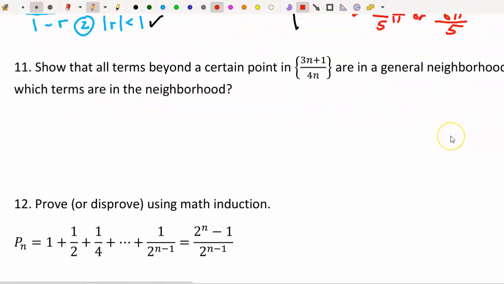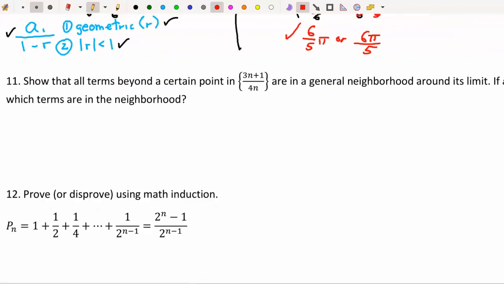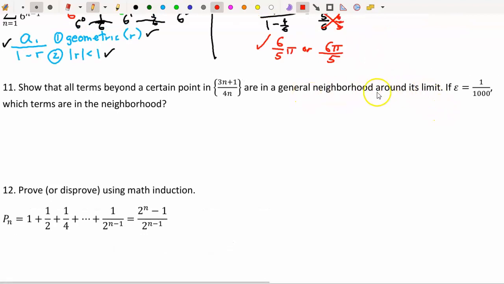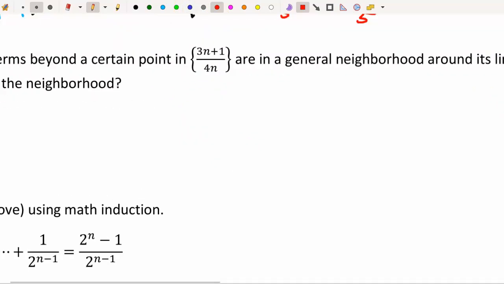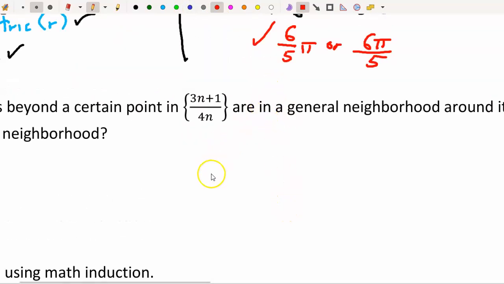All right, so here we go. Show all the terms behind a certain point at a general neighborhood, and then around its limit. And if epsilon is 1 over 1,000, which terms are in the neighborhood? So this is going to be a very, very small shaded area, so I'm guessing my n is going to be rather large. So recall, let's zoom back in, that to do this, you need to know what the limit actually is.